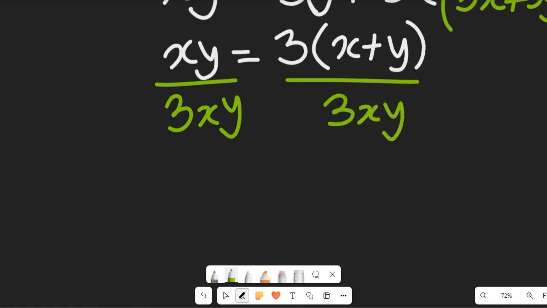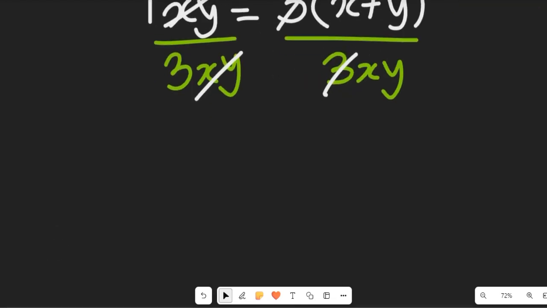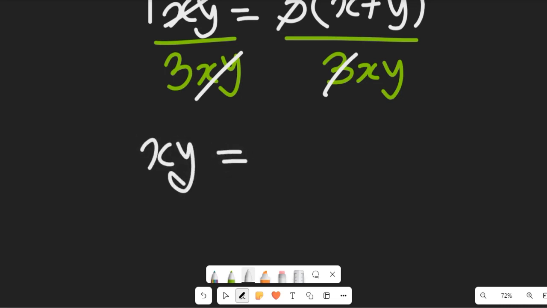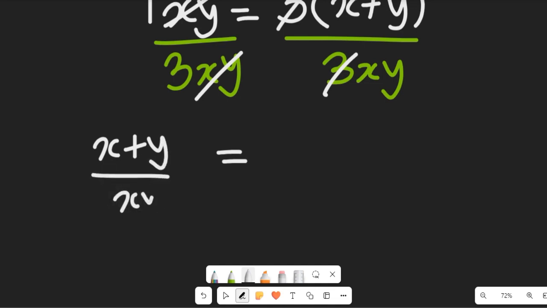If we divide here by 3xy, this definitely will clear this and give us 1, while this clears this, and we'll be left with the value of x plus y divided by xy equal to 1 divided by 3.